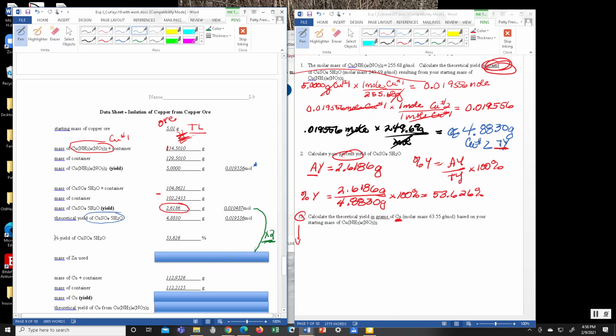Okay, so when we multiplied this number of moles by 2, we got 0.020974 moles of zinc that we needed to use, and twice that was 1.37.